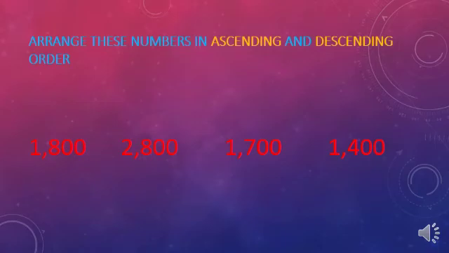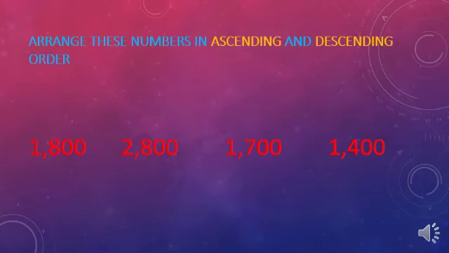So you have to keep this number aside and first check these three numbers. On the 100 place, here 800 is there, here 700 is there, here 400 is there. 8, 7 and 4. Which one is the smallest one? 4. And the tens place and ones place, all zeros are there, correct? So you have to check on the 100 place only. 4, 7, 8. So the smallest one is 4.